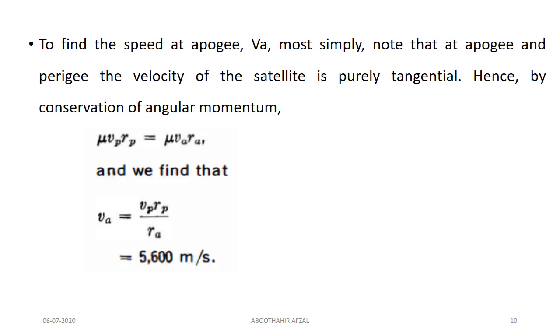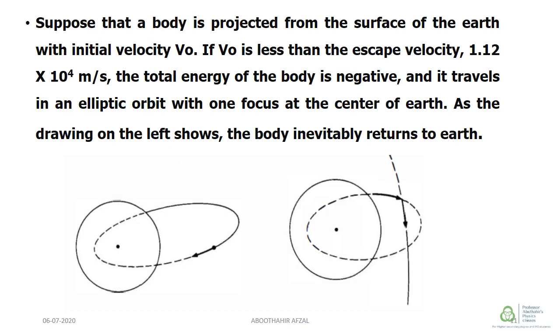So by the conservation of angular momentum, the angular momentum at perigee and apogee is conserved, and if you write the equation, it becomes mu Vp rp is equal to mu Va ra. So apogee's angular momentum is equal to perigee's angular momentum, and from that the apogee's velocity is Vp rp by ra. The mu will cancel. Thus we got 5600 meters per second.